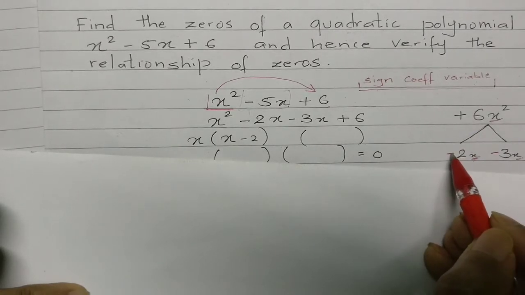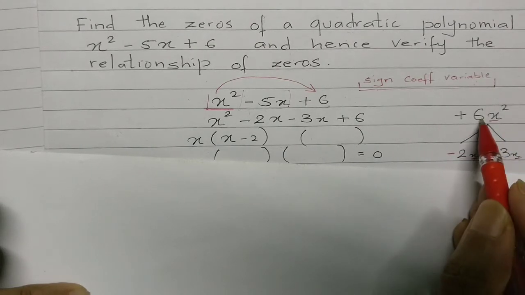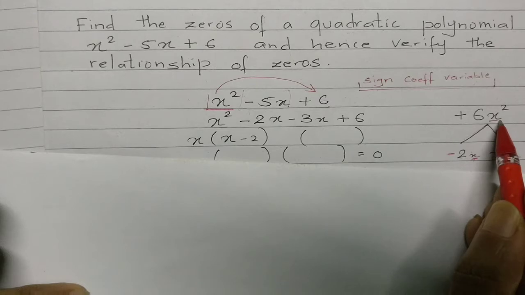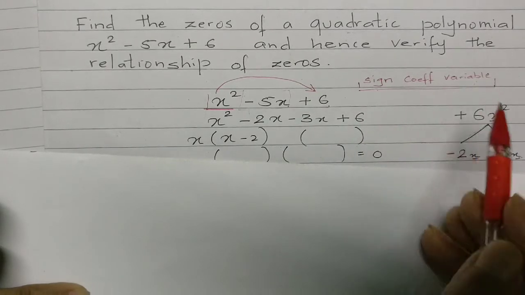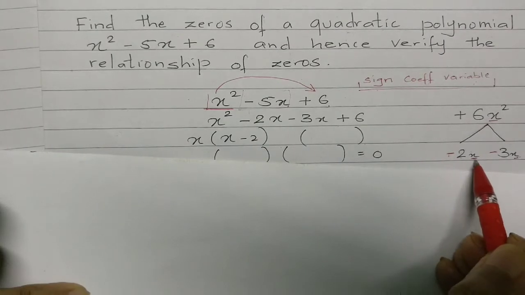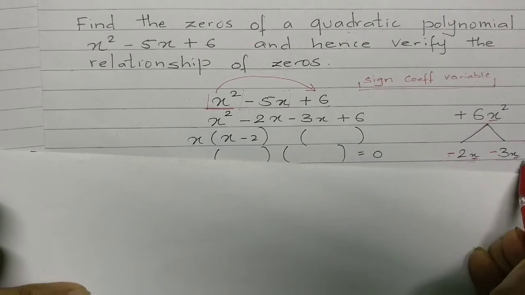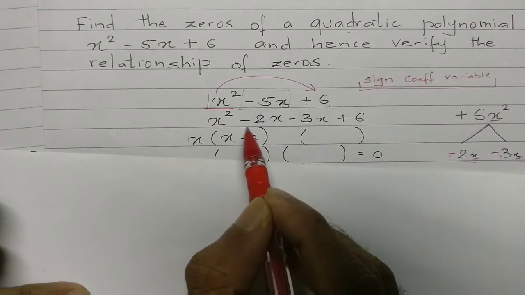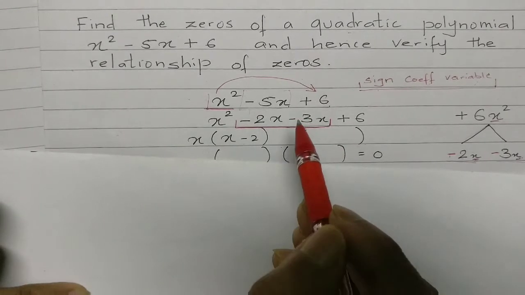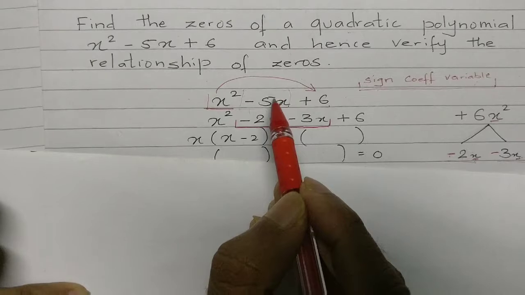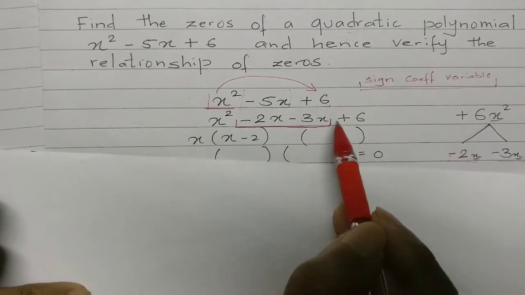So this would become minus and minus, plus 2 into 3, 6, x into x, x square. Again, I've kept this in mind: sign, coefficient, variable. Okay, so I've got these two new terms now, minus 2x and minus 3x. Those are written over here, minus 2x and minus 3x. That's the reason it is called splitting of the middle term. This middle term is split, made into two halves, not equal but two halves.